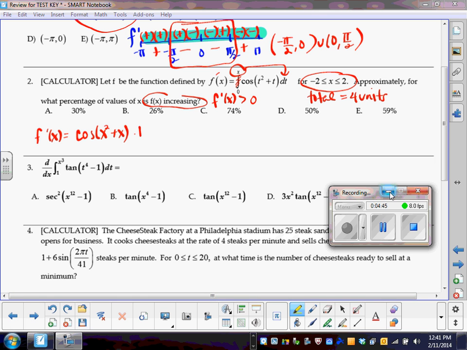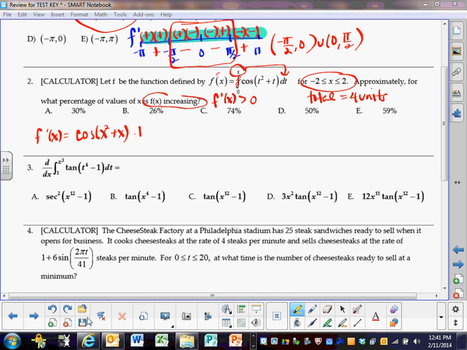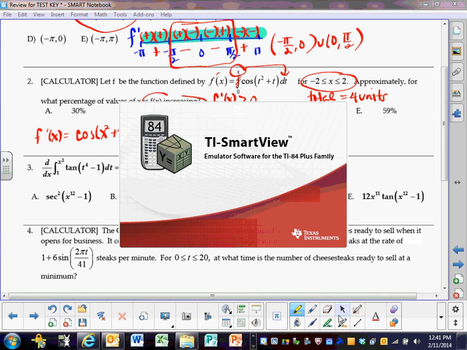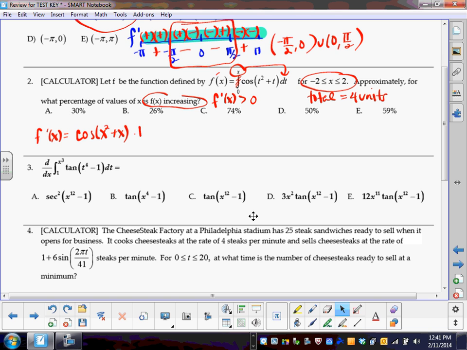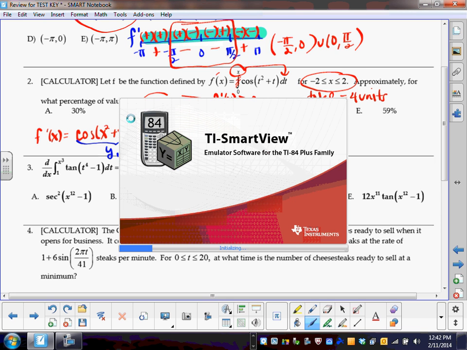So we're going to use our calculator. We're going to put this f prime into our y1 and make sure our window is only from -2 to 2, and then we're going to zoom 0.